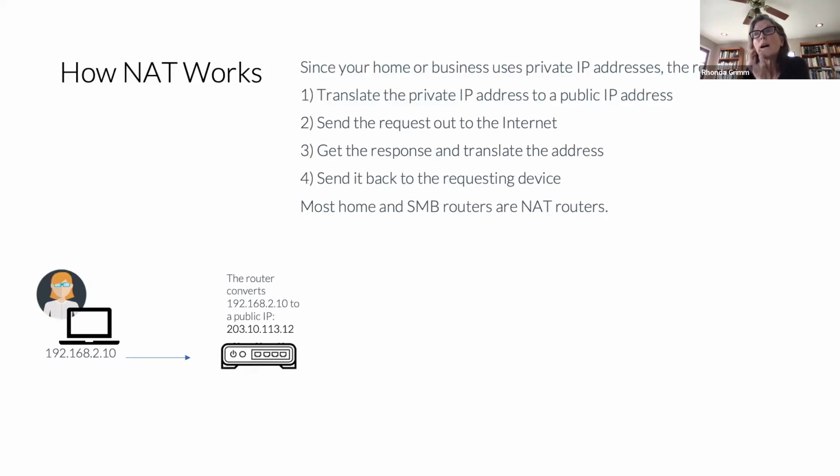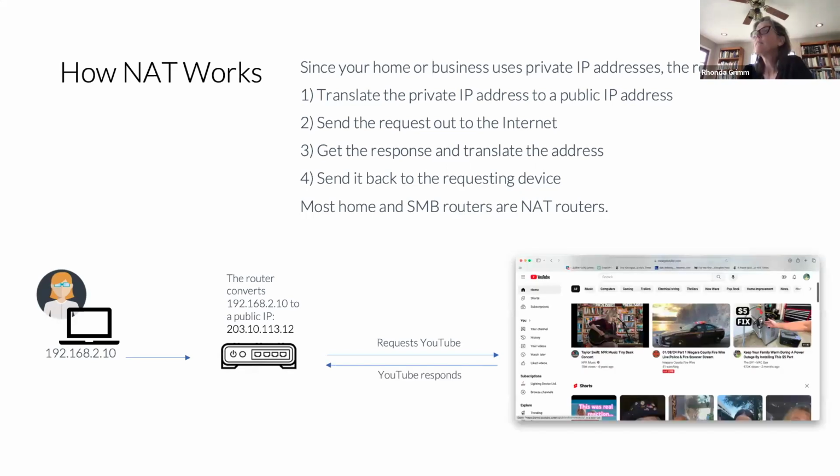Alice wants to go and send, what is Alice doing here? I think she's going to a web page. So the router converts the 192.168.2.10, which is her laptop host number, and it goes to that public IP address that's on the other side of the modem. And it sends a request to YouTube saying, hey, Alice wants some of your stuff.